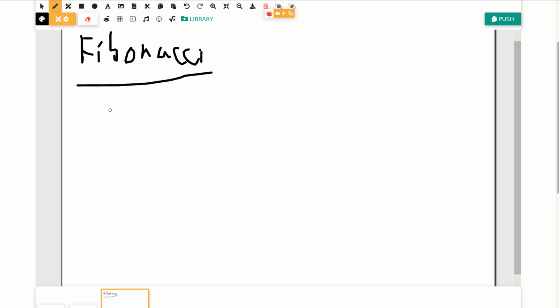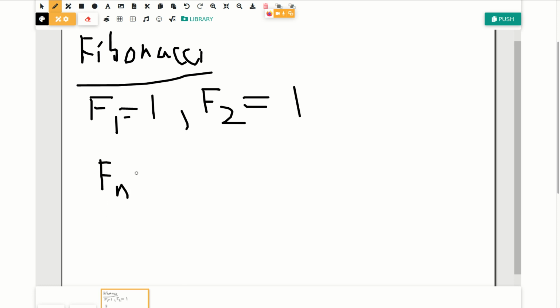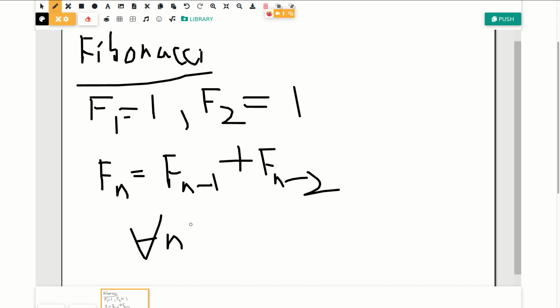I guess most of you know the definition of Fibonacci numbers, but just to reiterate, f1 is equal to 1, f2 is equal to 1, and the sequence is recursively defined as fn equals fn minus 1 plus fn minus 2 for all n greater than or equal to 3.